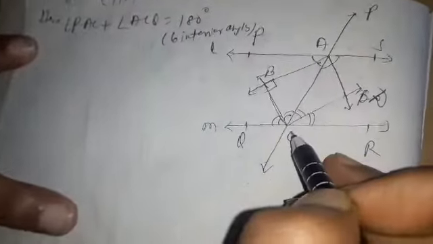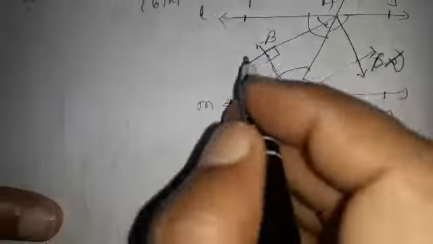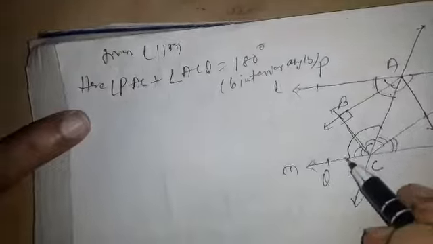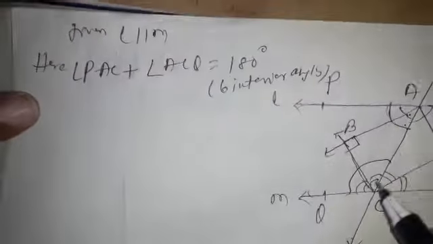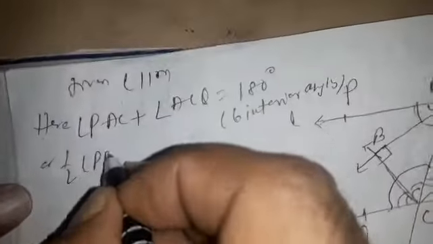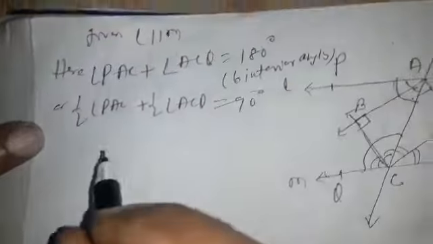So here angle PAC plus angle ACQ, the sum of these two angles is 180 degrees, because they are co-interior angles, L and M are parallel and P is a transversal, so interior angles on the same side of a transversal are supplementary. Their sum is 180 degrees. So therefore half of angle PAC plus half of angle ACQ is obviously 90 degrees.